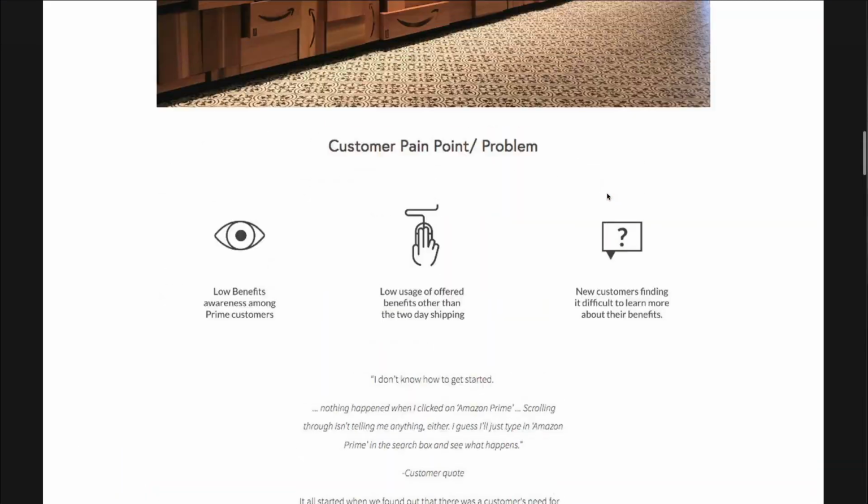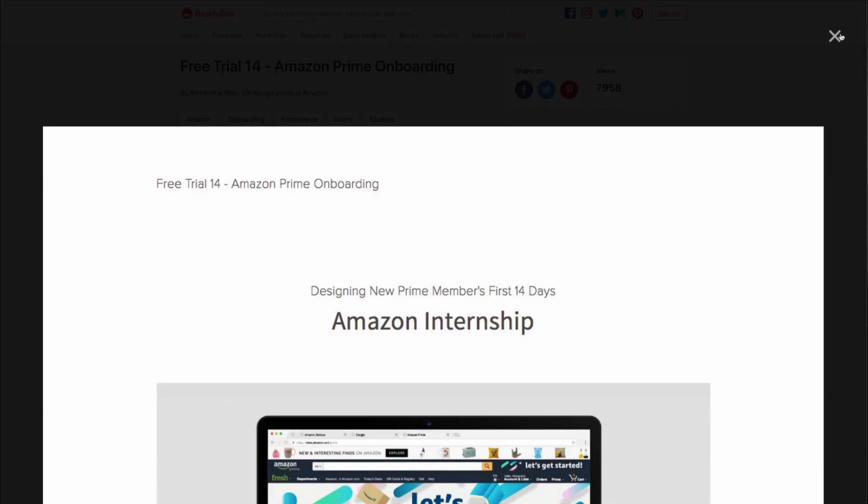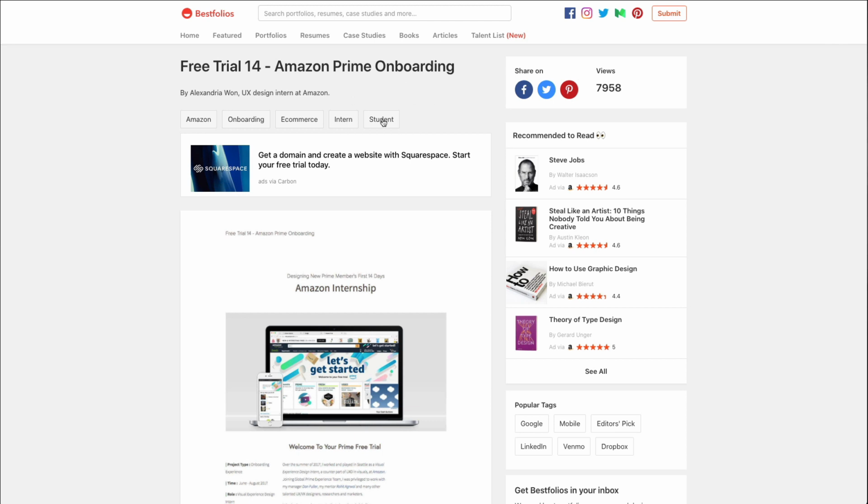So overall, you can see the recurring patterns in all of these case studies. There are always going to be differences between one case study and the other. There isn't one single structure which is going to be true for each and every case study, but you really have to think about it and tailor it to your specific project, your specific style, what you want to communicate.